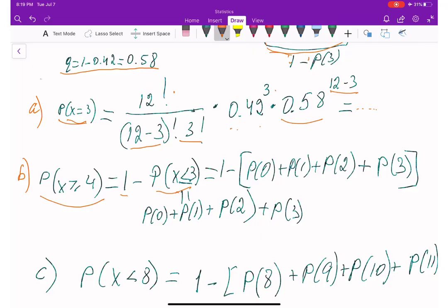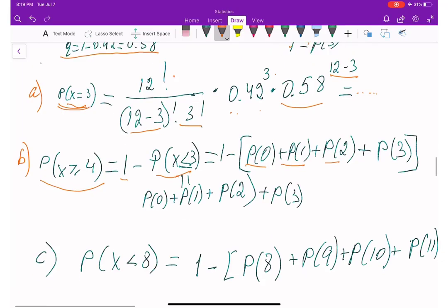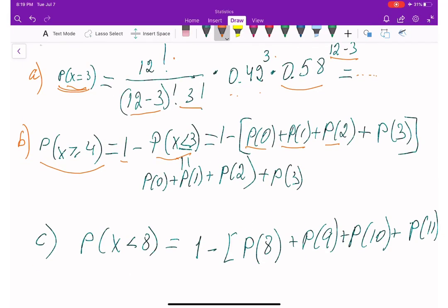We already have 3. All we have to find is 0, 1, and 2. You already know how to find them, right? And you do 1 minus the probability of 0 plus 1 plus 2 plus 3. Once you add them up, you subtract from 1. And you will get your probability of x greater than or equal to 4.